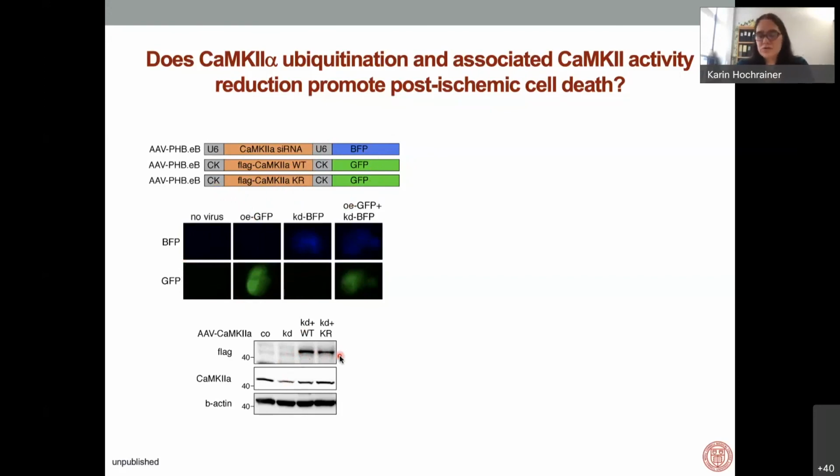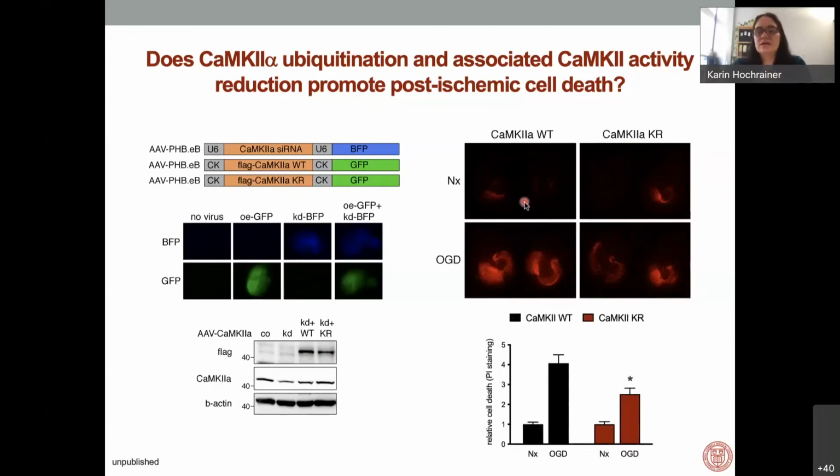So now if we transduce slices with this virus and check for cell death after OGD, what we find is that in case of wild type, you have a certain increase in cell death, and this cell death is reduced in case of the ubiquitin mutant. That would mean that CaM kinase ubiquitination leads to enhanced cell death after ischemia. And if we could somehow prevent that from happening, that could be maybe a potential target.